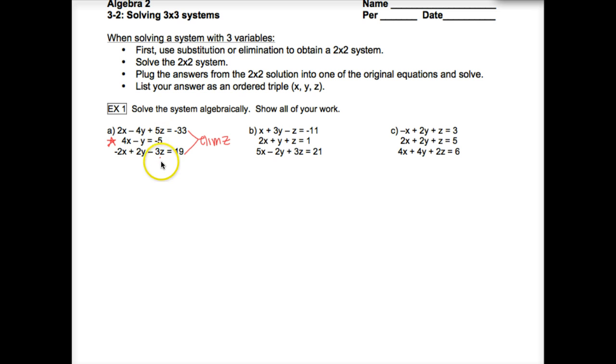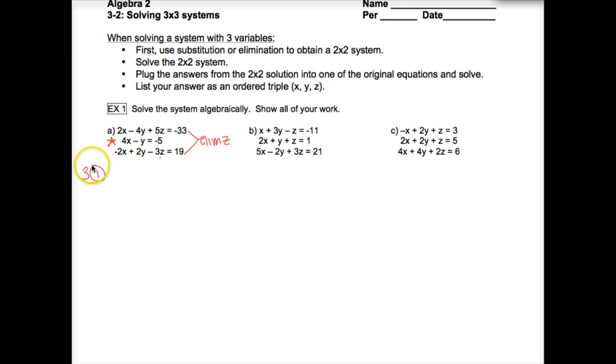Right now I've got positive 5 and negative 3, which means if I want to find the least common denominator, if I had denominators of 5 and 3, the LCD would be 15. So I want these to say 15z and negative 15z. So that means I'm going to multiply equation 1 by 3. And the way that I usually note that is like I tell myself the equation number in a circle and 3 times it on the outside.